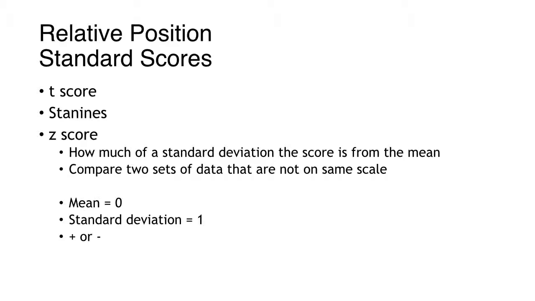The Z-score on a measure tells you how many standard deviations the score is from the mean. And so it lets you compare two sets of data that are not on the same scale. Because on a Z-score scale, the mean is always 0 and the standard deviation is always 1. So it can be plus or minus. So let me show you how this works.